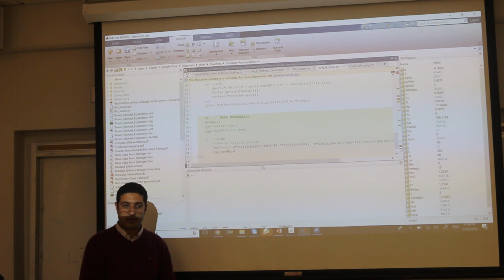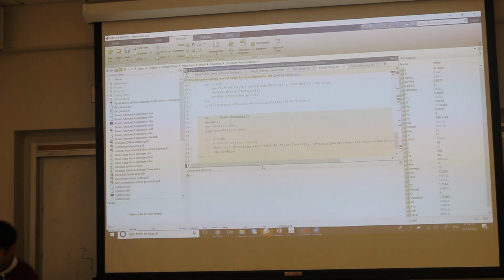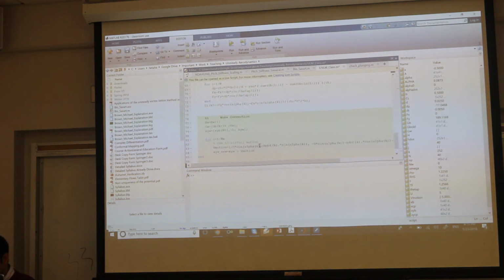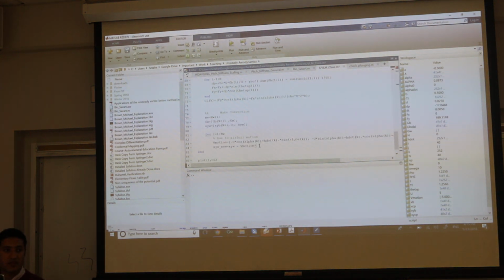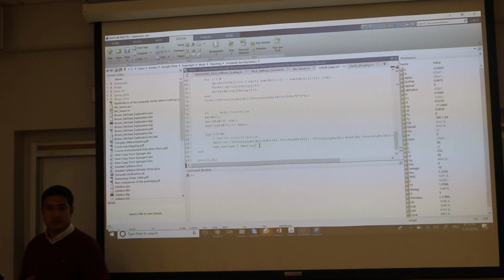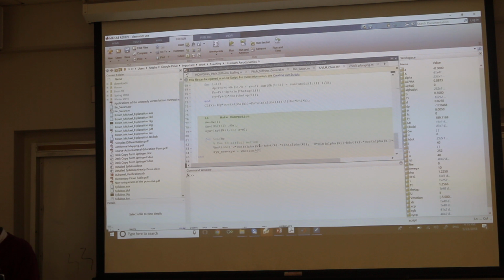It's the negative of V. So here is the negative of this V motion times what? We're updating position. Velocity times what? dt. Very good, so you got this part.